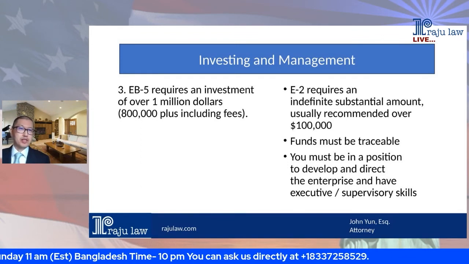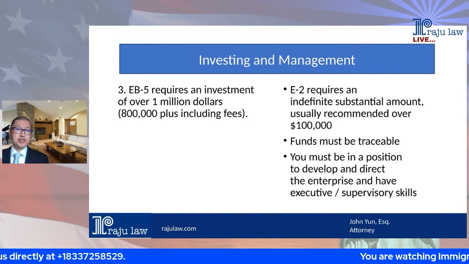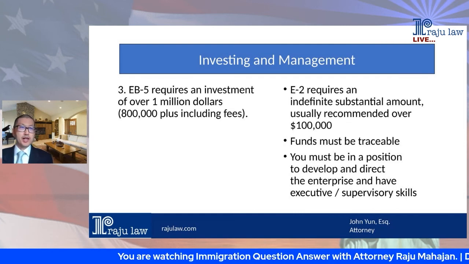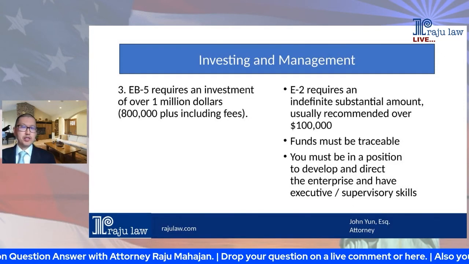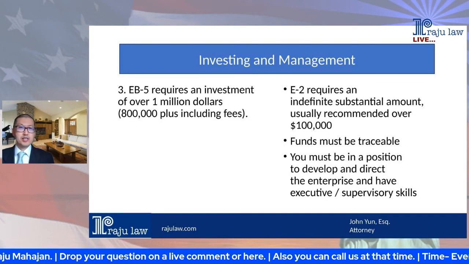We do look for a substantial amount and usually recommend over $100,000. Like the EB-5, the funds must be traceable. And I don't know if this has come up before, but we highly discourage any use of digital coins in terms of transfer. These funds should all be traceable and, of course, legal funds.